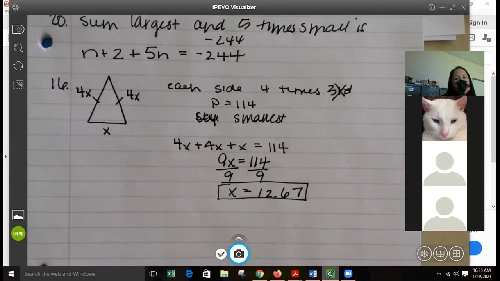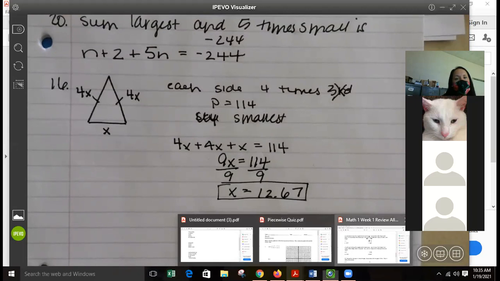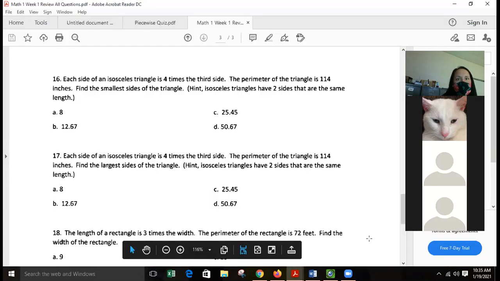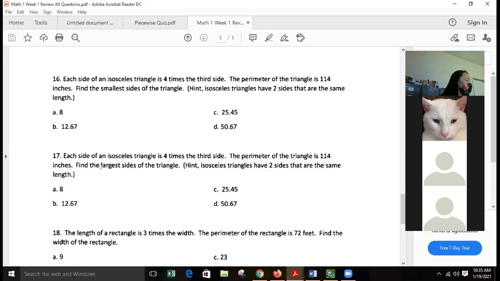All right, we're going to do one more. If you look at 17, it is the same exact question, so I just did all the work for you. But what is the question that it asked? Find the largest.